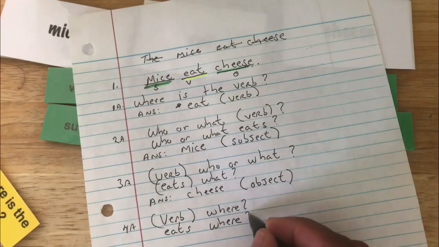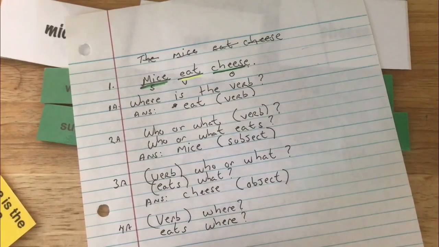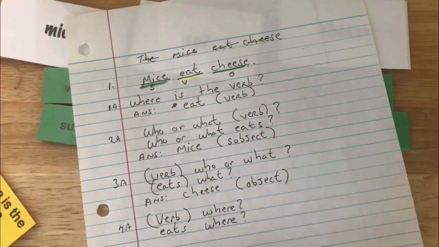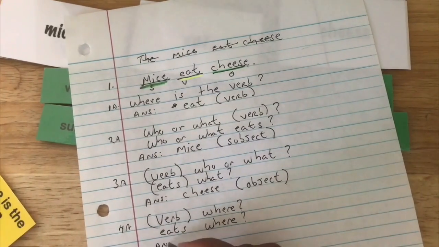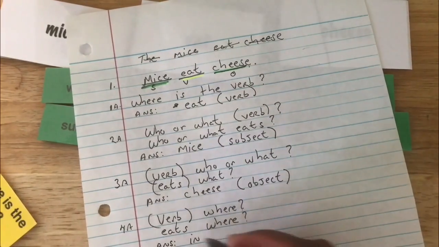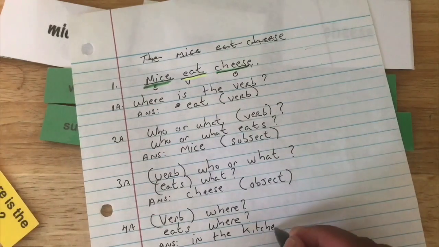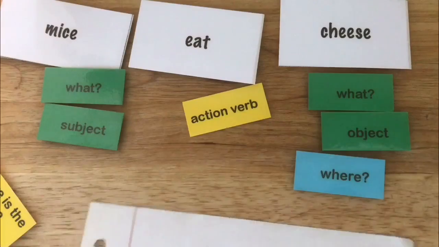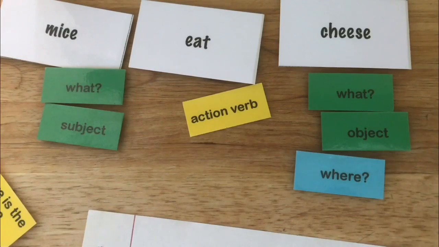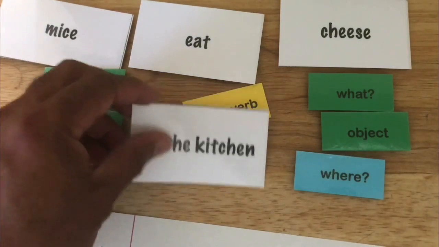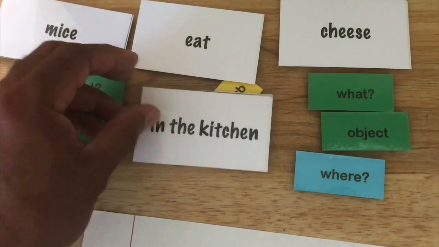Always substitute your verb back, so you're writing this twice. And we're going to say in the kitchen. Okay. Answer, in the kitchen. And I'm going to put this on my card also. So that's my card, eats in the kitchen, okay?